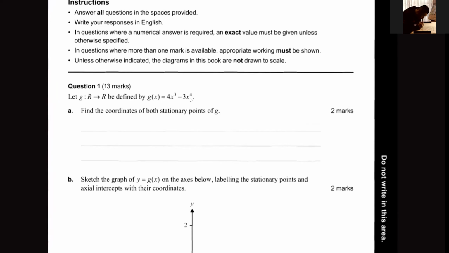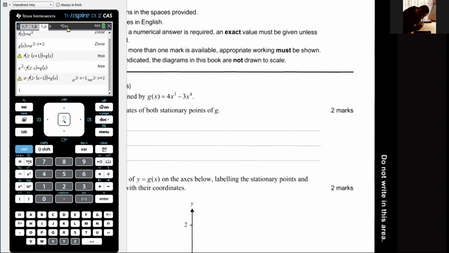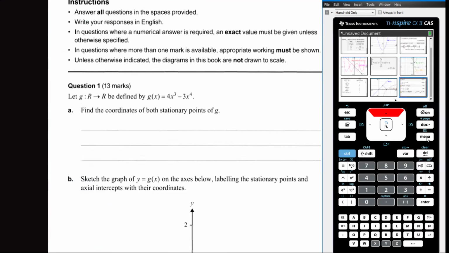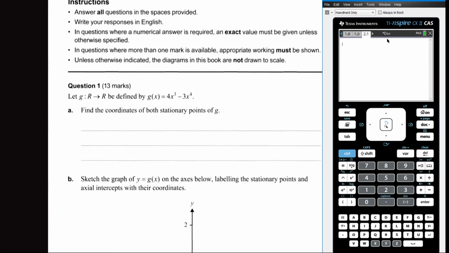Question 1, you have a function like this one. Let me just grab the CAS calculator. And we want to find, let's say, the derivative to find a stationary point with this polynomial.